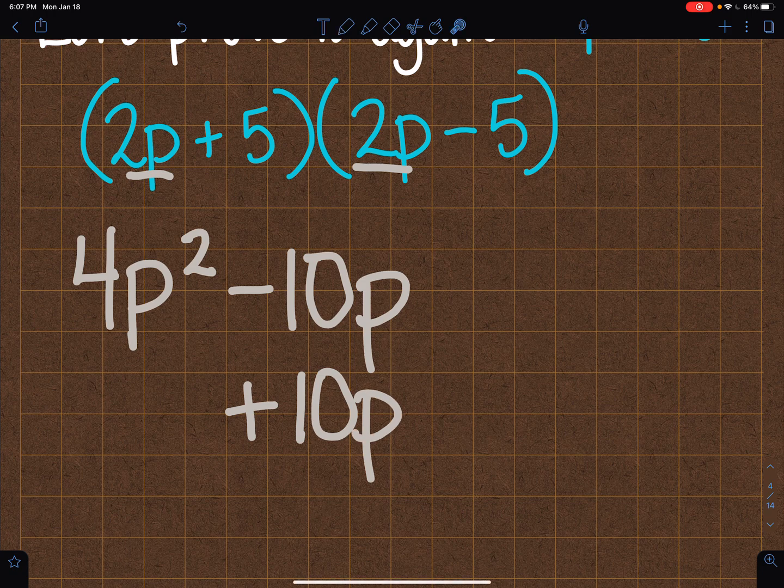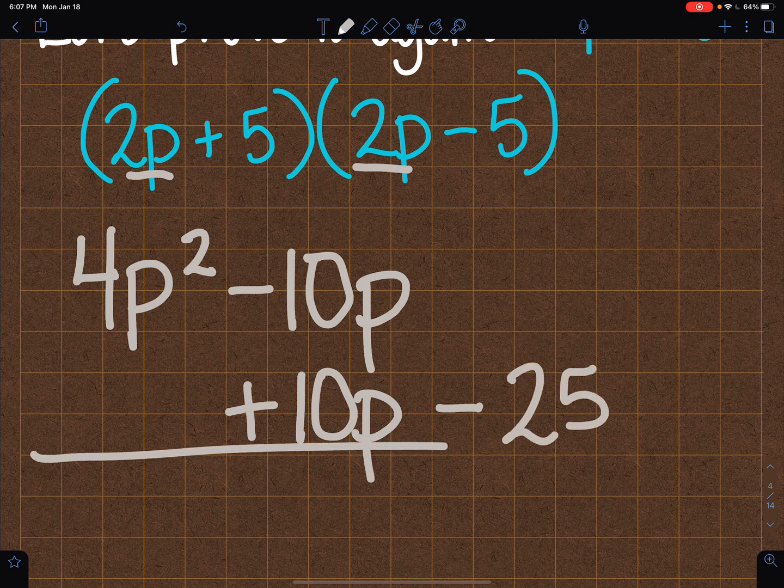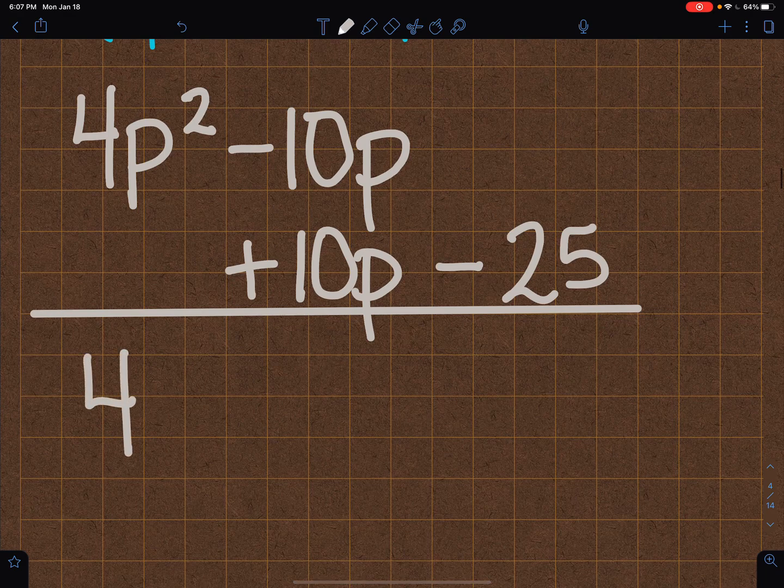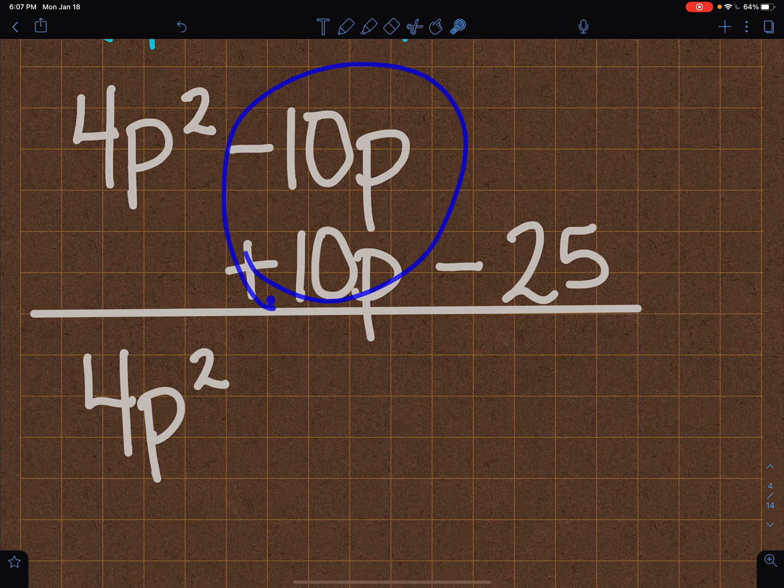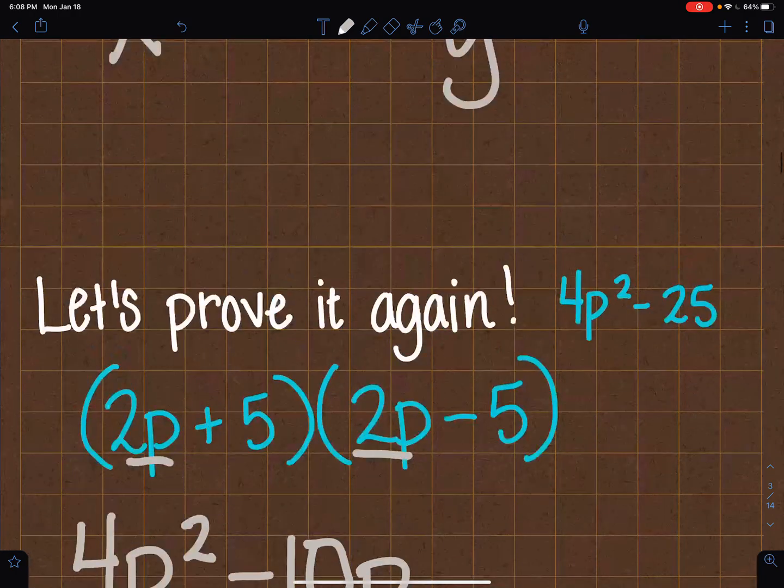And now last is 5 times a negative 5, which is negative 25. Okay, let's add that all together. And we have 4p squared. Look what happens here. They cancel out again. Negative 10p plus 10p is 0p. 0 times anything is 0, so we can just leave that out.